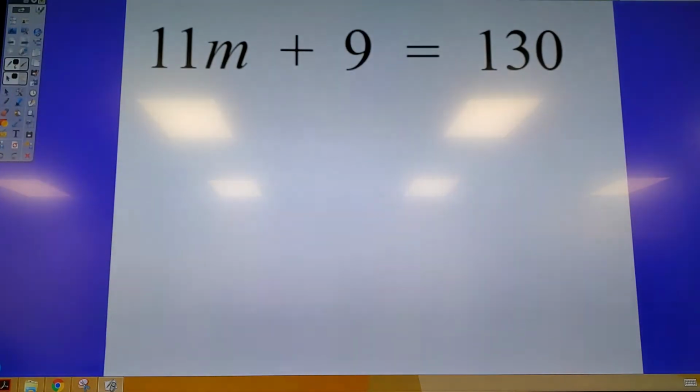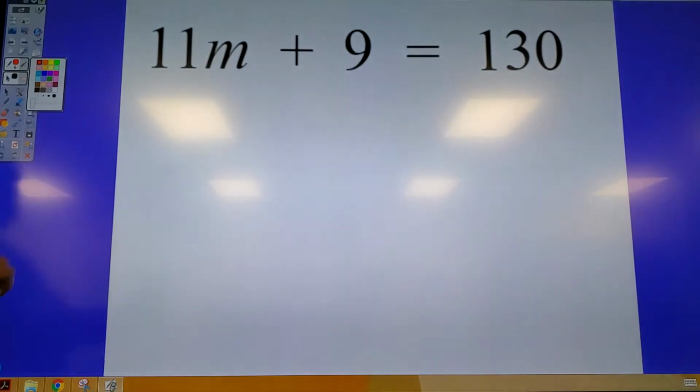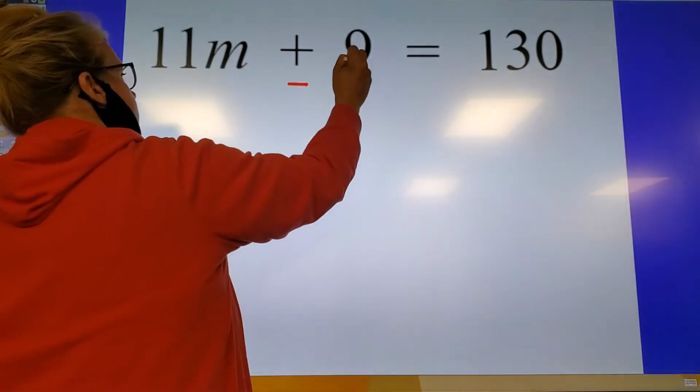11m plus 9 equals 130. What do you think my first step should be? Subtract, put the plus to subtract. Okay, so what number am I going to be working with first? Minus 9. The 9. Okay, so we want to do the opposite of plus 9, so I'm going to subtract 9.